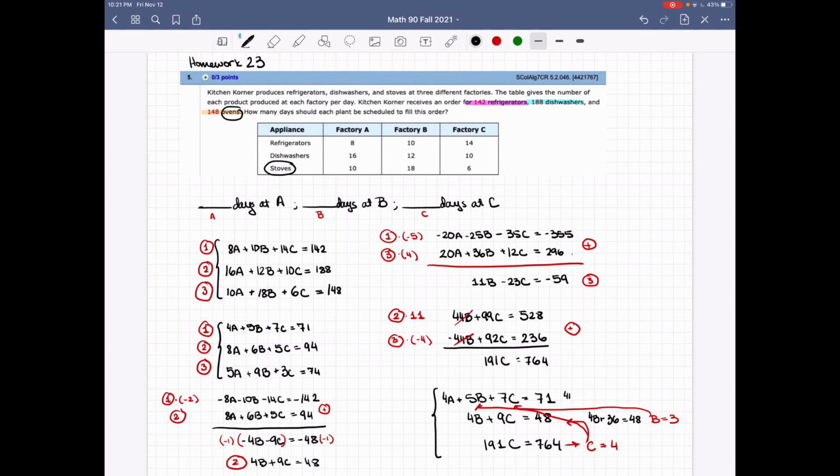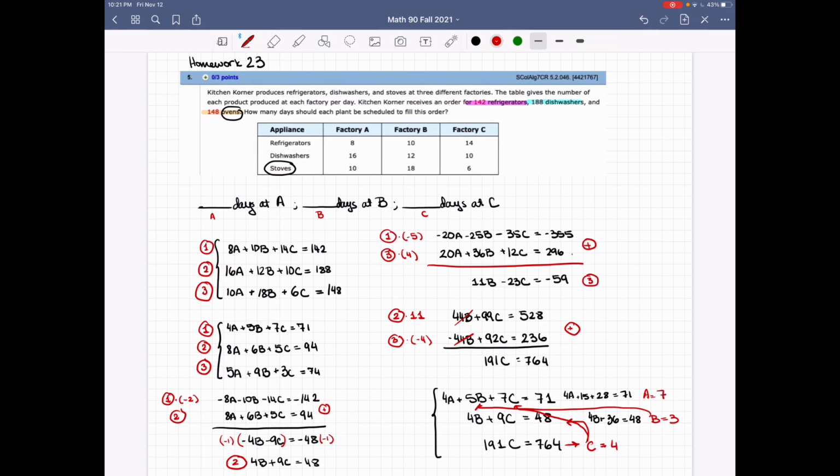So we have 4a, 5b is 15, 7c is 28, is equal to 71. 15 plus 28 is 43. When we subtract 43 from 71, we get 28. So 4a is 28, and a is 7.